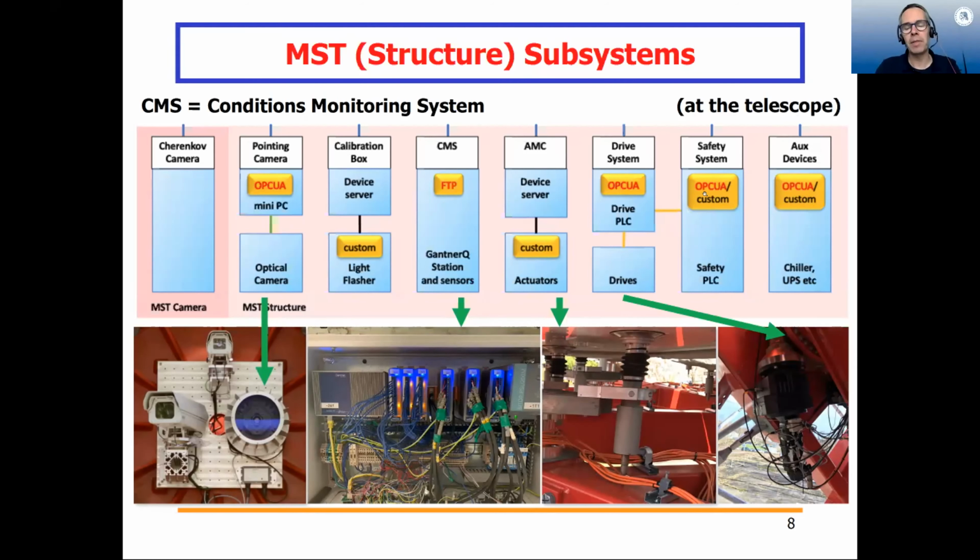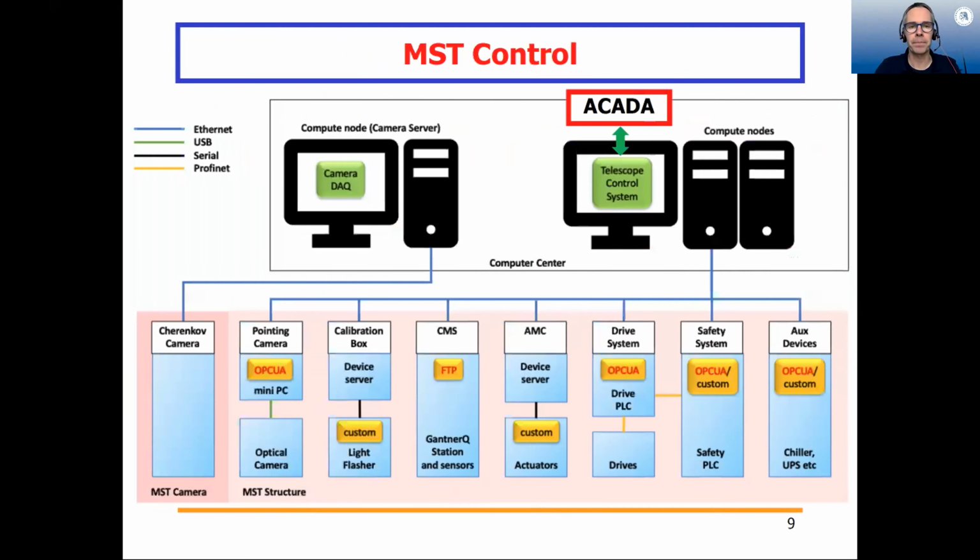There's also a safety PLC. This is a very important device that also runs an OPC server, and it's reading out some interlocks and other sensors that are to implement safety at the telescope. So if the interlock is open, then you cannot move the telescopes, and features like this.